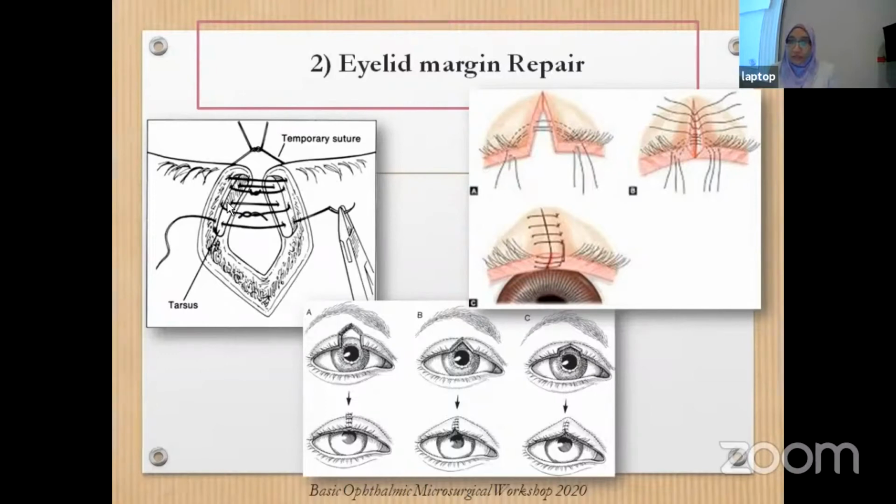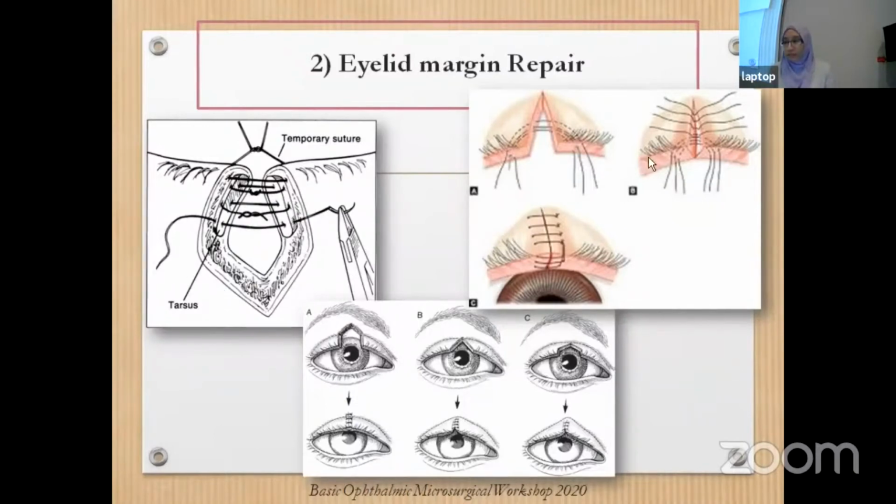The tarsals are not sutured through and through, it's partial thickness at least. We don't want this suture knot to be seen through the palpebral conjunctiva, because it can abrade the cornea. So we close the tarsals like this, and then we tighten this one, and then we close the skin.